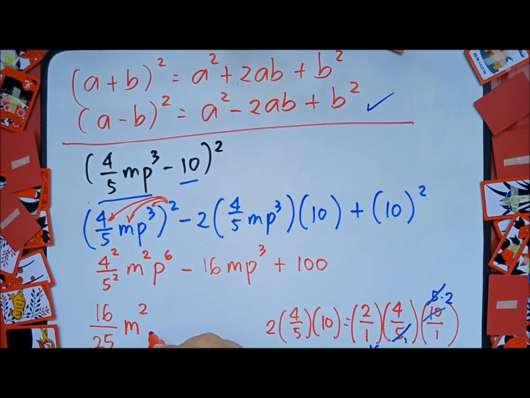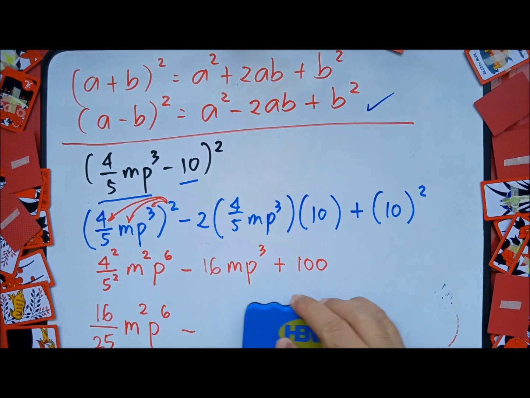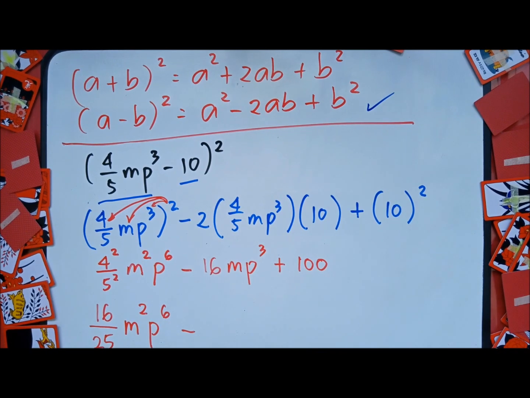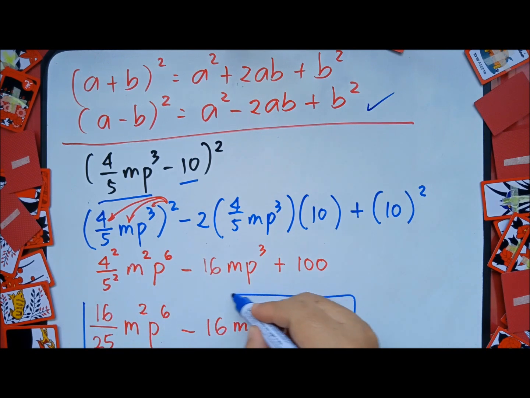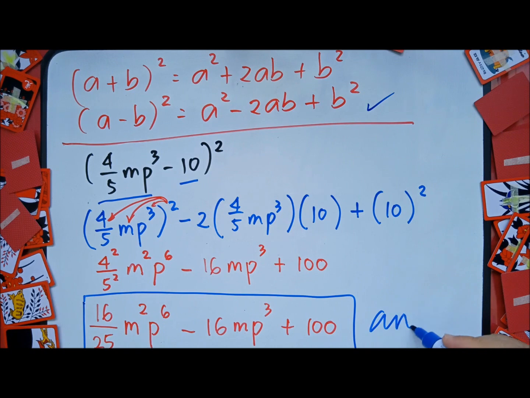So 16/25 m² p⁶ minus 16 m p³ plus 100. So this will be your final answer. Okay, next we'll go to the lesson proper.